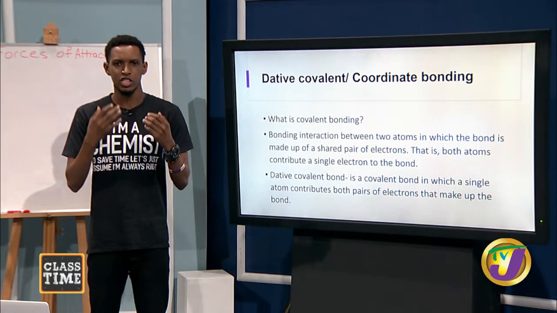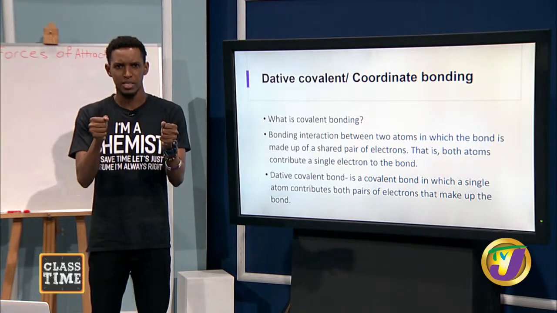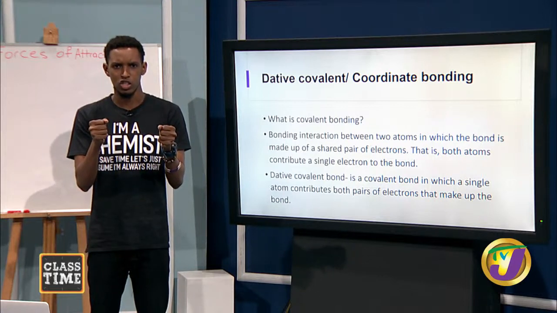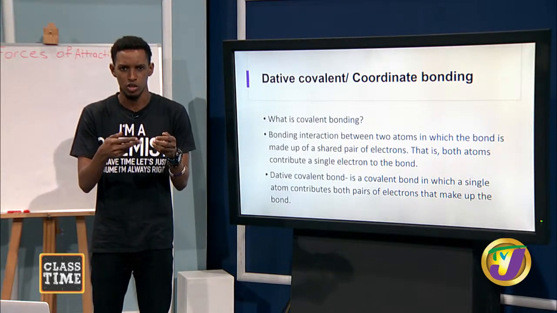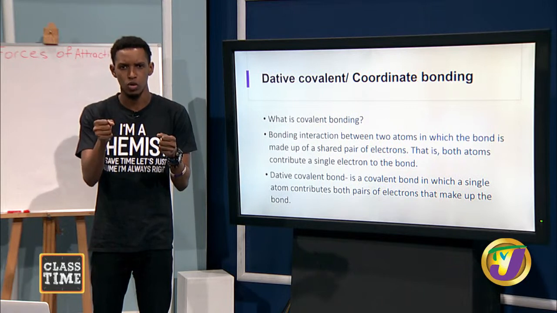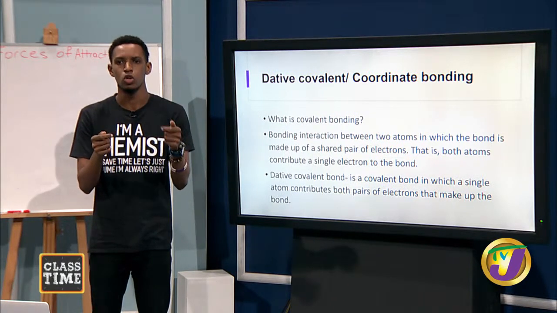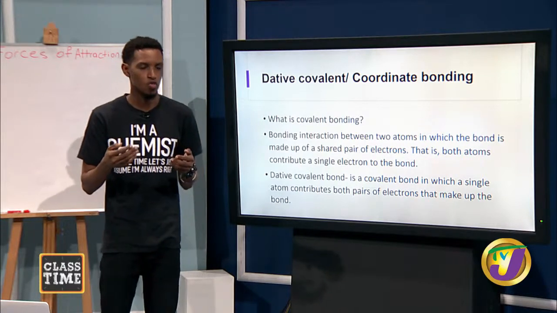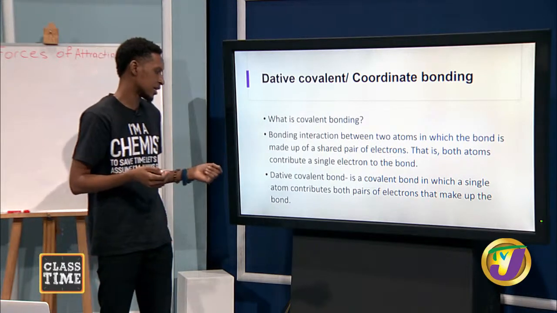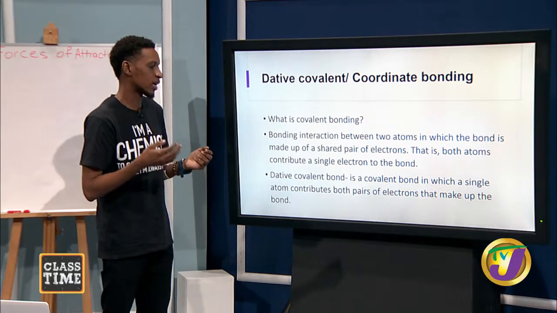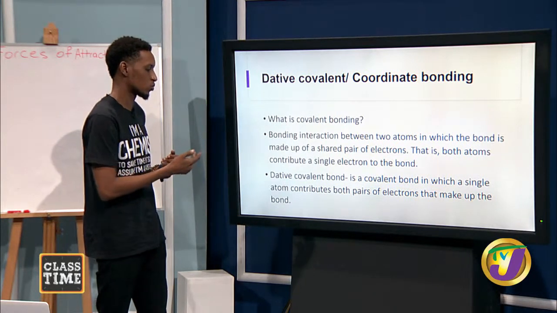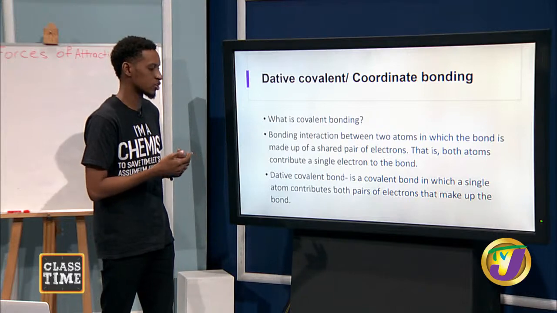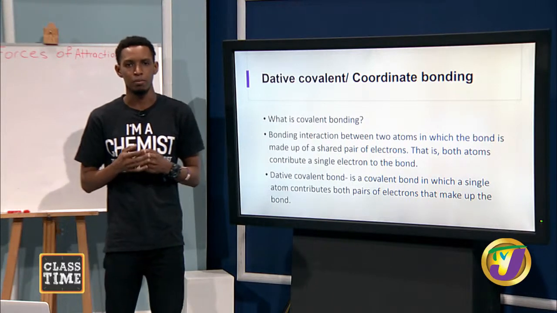So essentially that is a covalent bond: two nonmetals bonding to each other and sharing the electrons in that bond, where one atom donates one electron and another atom donates the other electron. But a dative covalent bond is a covalent bond in which a single atom contributes both electrons that make up that bond.